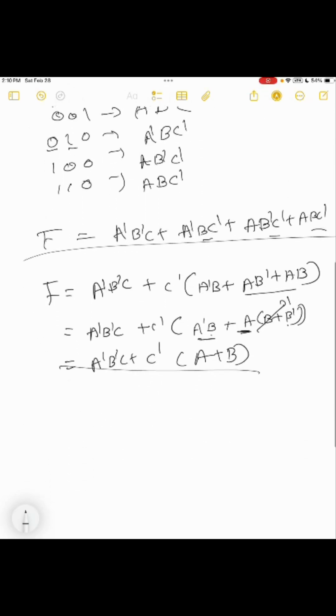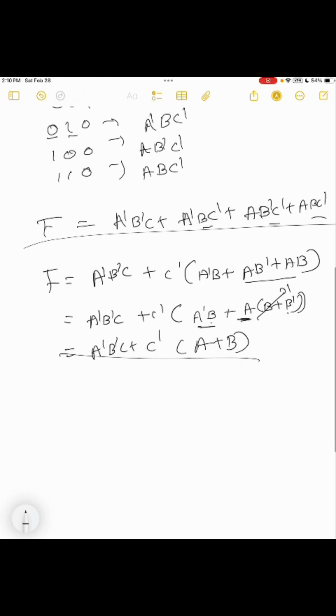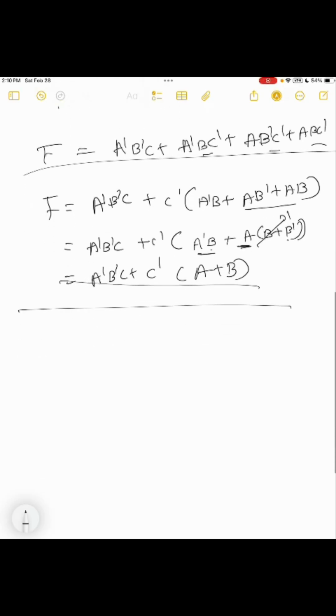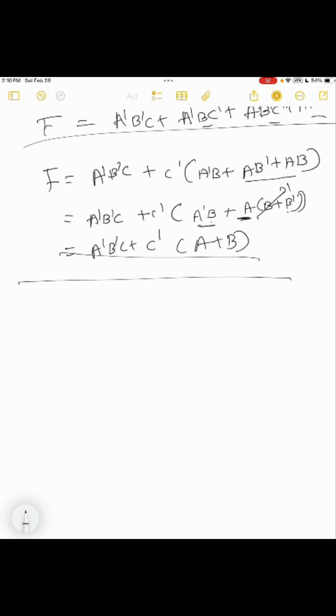So for the canonical POS, the rows where f equals 0 are 0, 3, 5 and 7.